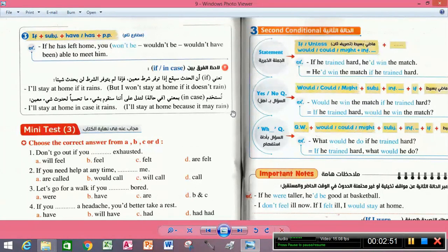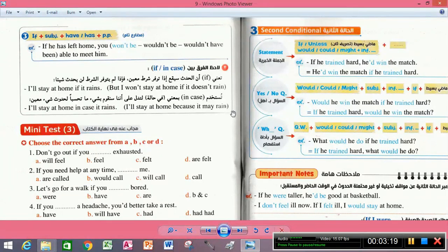Okay guys, there is a difference between if and in case. What is the difference? I'll stay at home if it rains, but I won't stay at home if it doesn't rain. In case means if something happens, we will do something. I stay at home in case it rains.